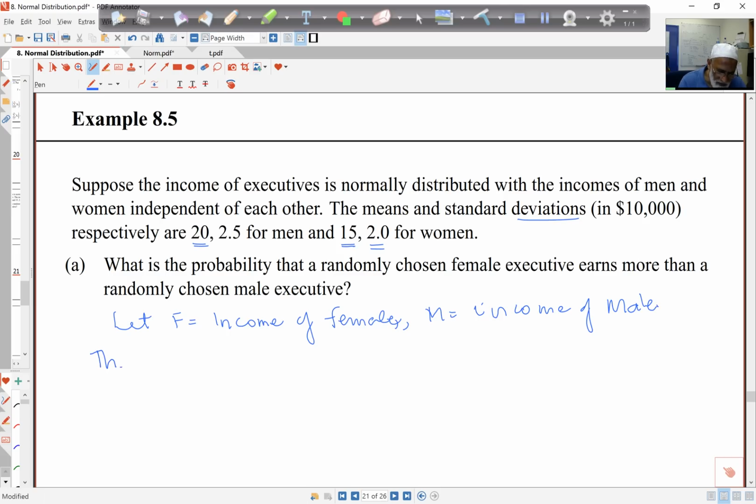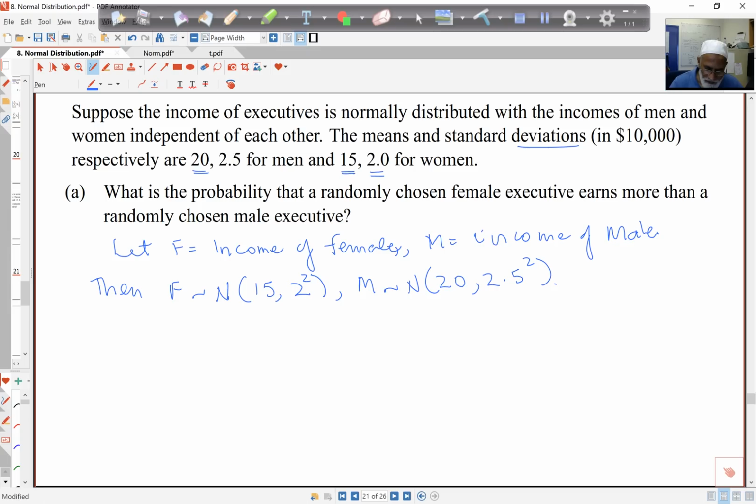Then what I know is F is normal, the female, the mean is 15, and the standard deviation is 2, so I went 2 squared there. And for males, it's again normal, the mean is 20, and the variance is 2.5 squared. So what I'm after here is probability that a female executive earns more than a male executive.